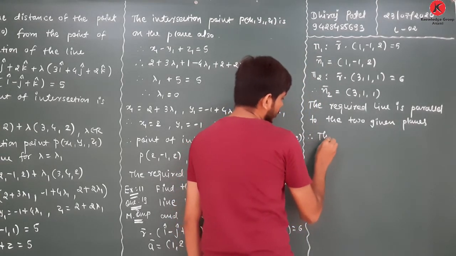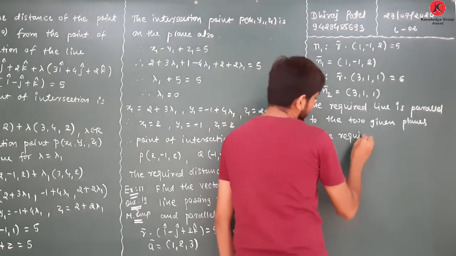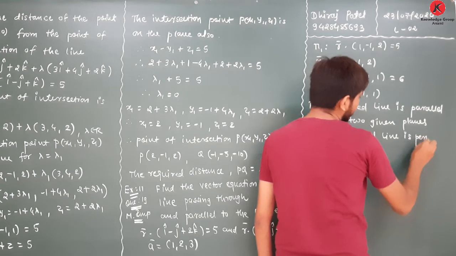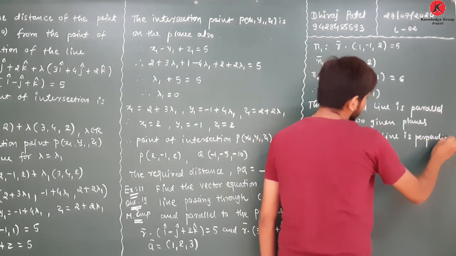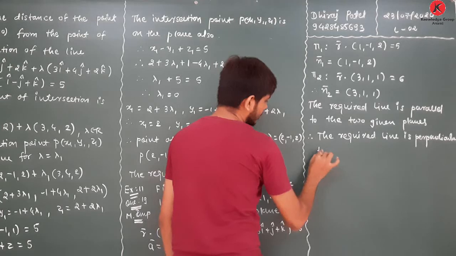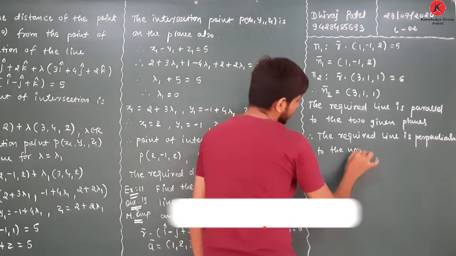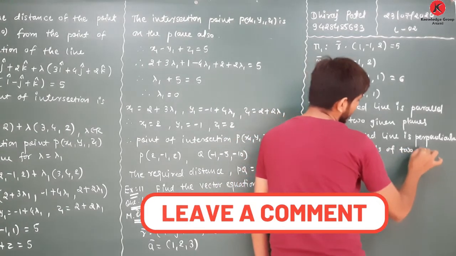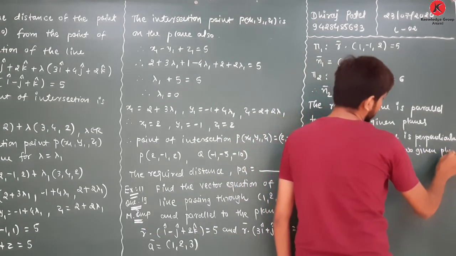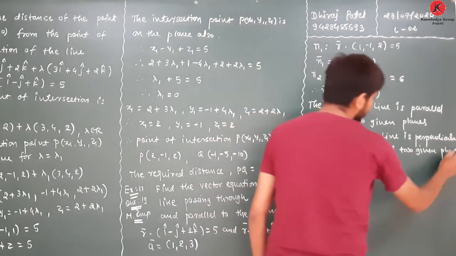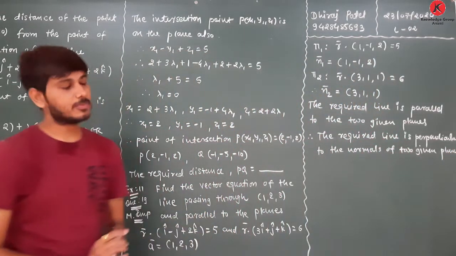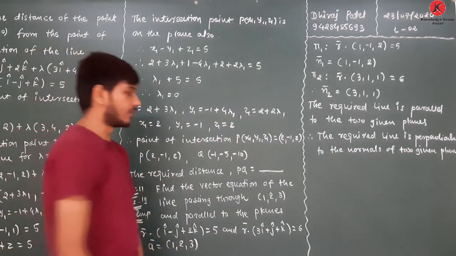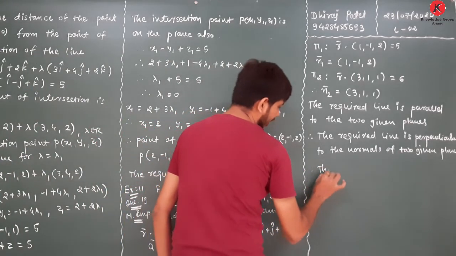Therefore the required line is perpendicular to the normals of two given planes. બંને પ્લેન ના નોર્મલ્સ ને કેવી થશે? Perpendicular થશે આ લાઈન. The required line is perpendicular to the normals of the two given planes.